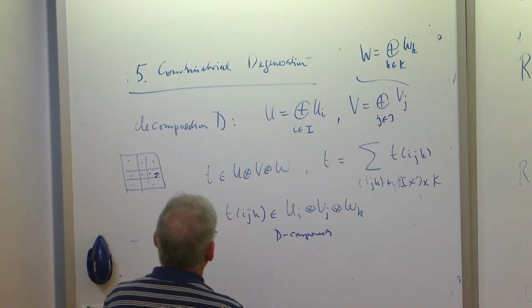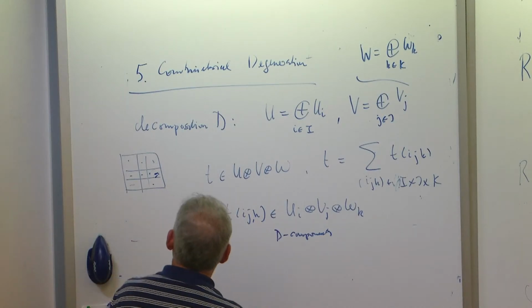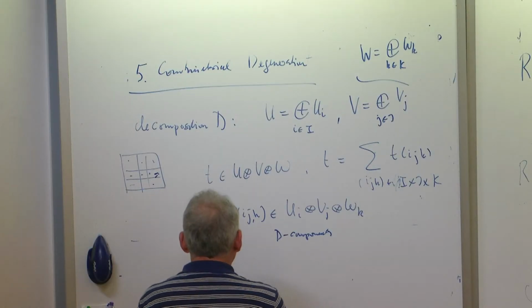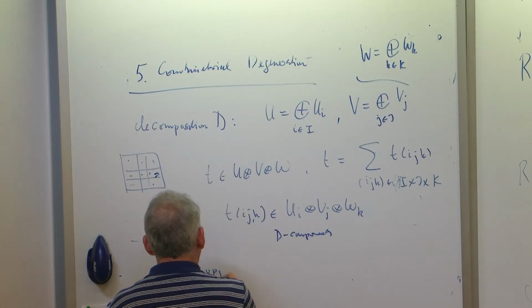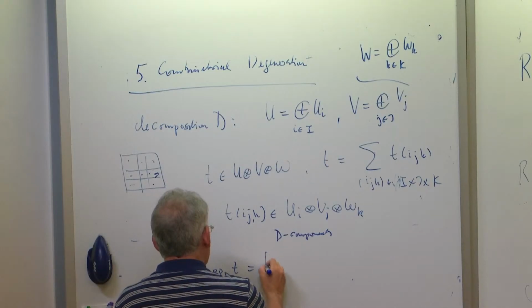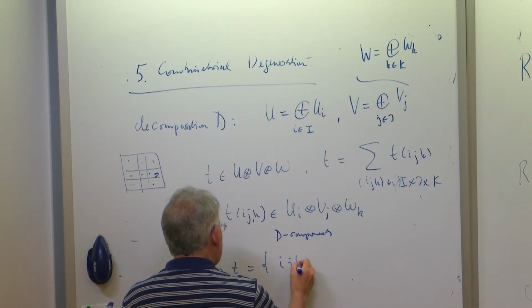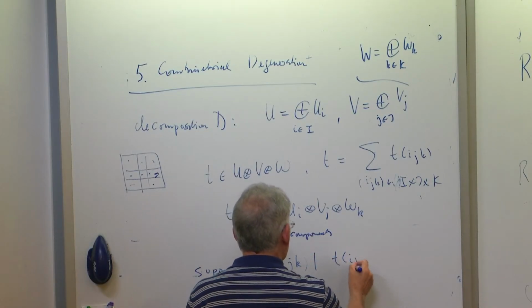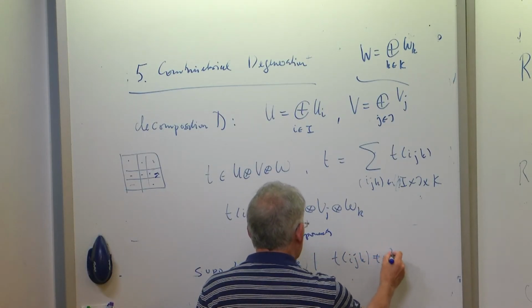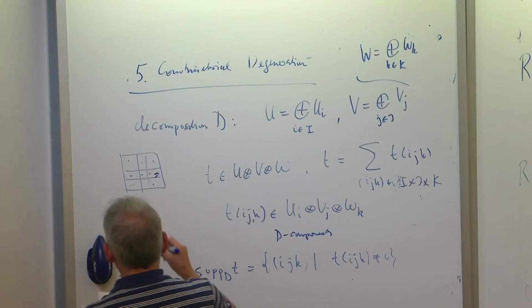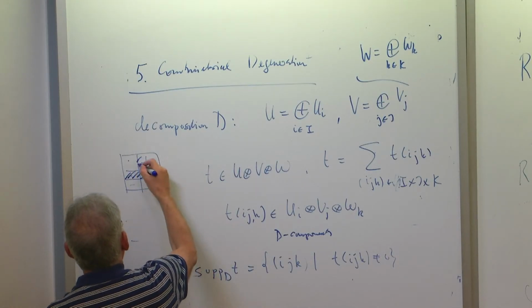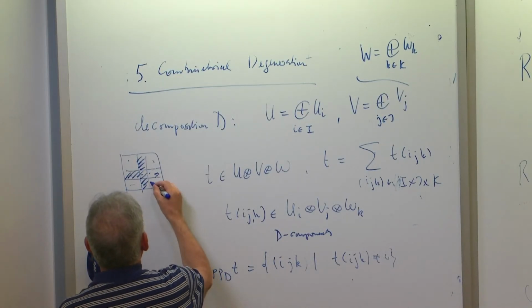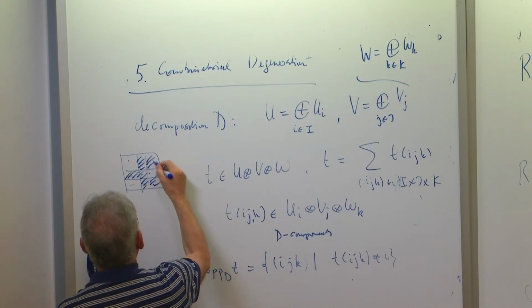And then for the outer structure, I'm interested in the so-called support. This just tells me in which blocks I have something non-zero. Maybe here is nothing, to make it a bit interesting.